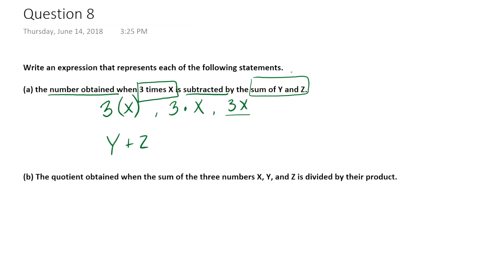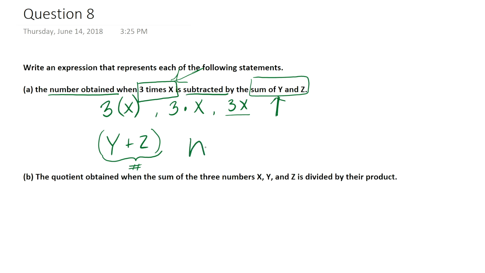But in this case, the sum is actually going to give us a number, so we're going to have to put that in parentheses so that whatever comes out of here is going to be some number, and it's not touched. That way it follows the order of operations. So we do what's in the parentheses first to get this number, and then we do what's outside. So the number, I'm going to give that the letter n.